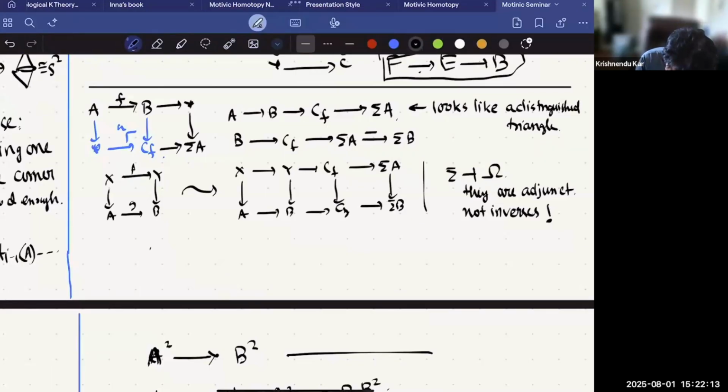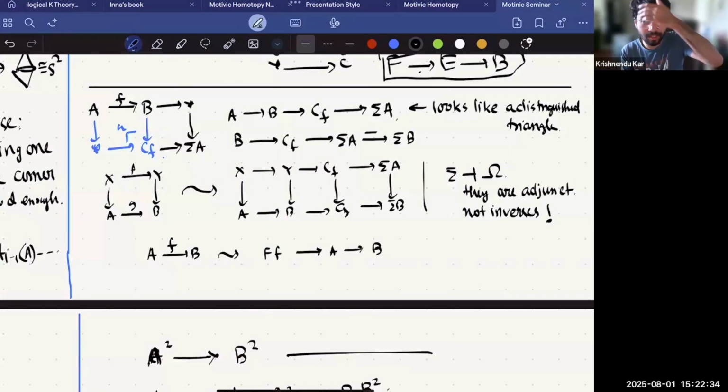So if you start with the map A to B, F, similarly you can fit it in a different triangle by taking the homotopy pullback to A to B. But this is shifted towards the left side, and this is not coming from the inverse of the suspension. So in other words, suspension or loop are not automorphisms.